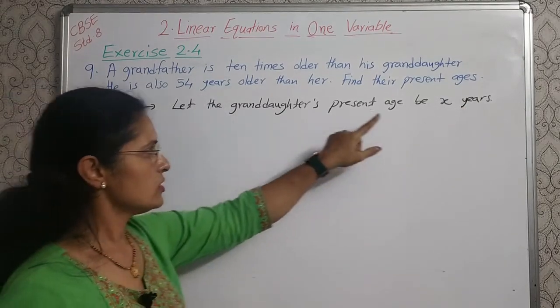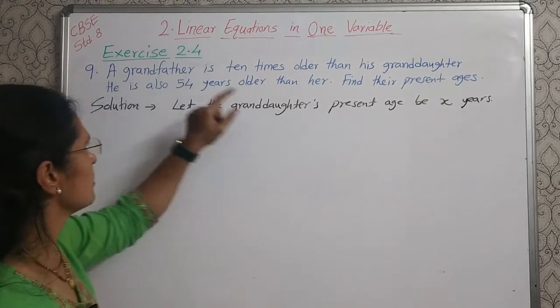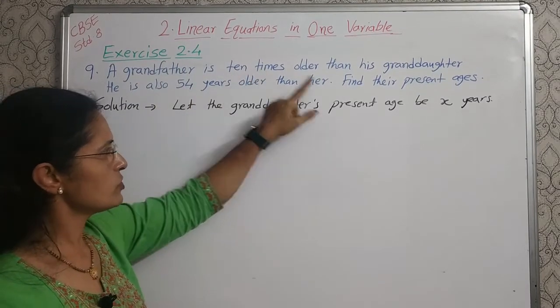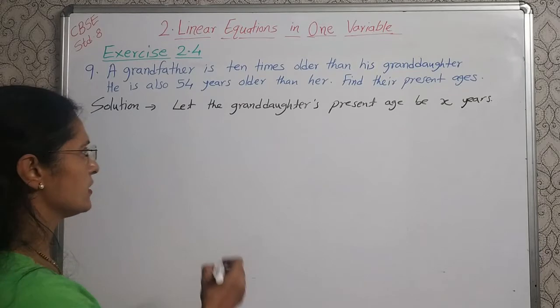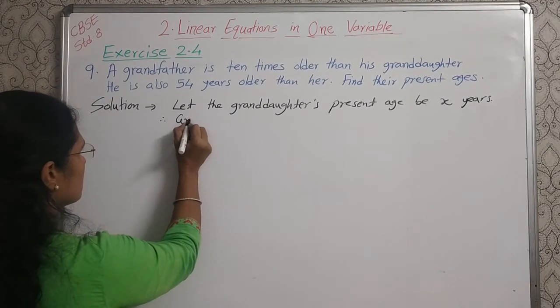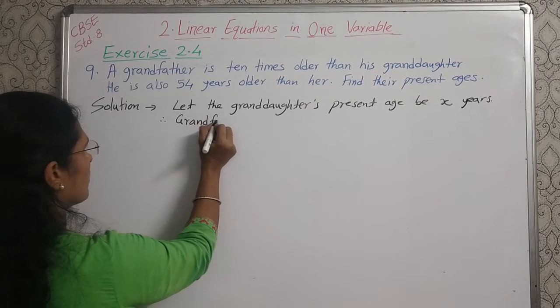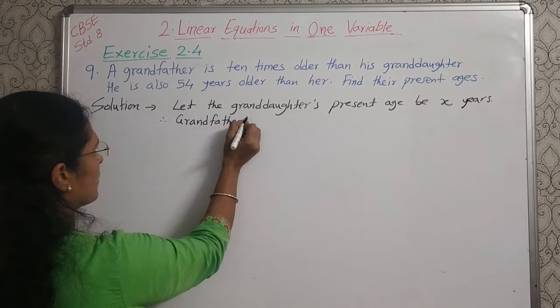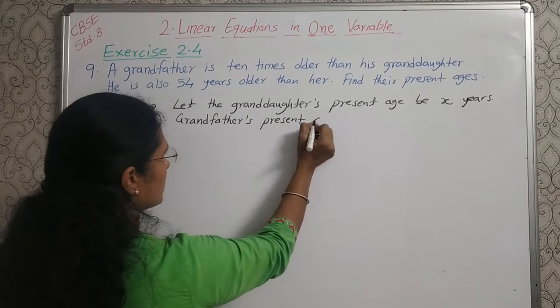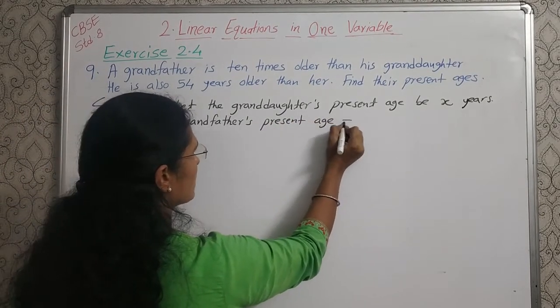Now if granddaughter's present age is x years, then grandfather's present age will be 10 times of this x. So 10x years. Therefore grandfather's present age is equal to 10x years.